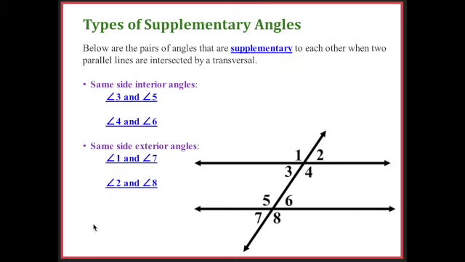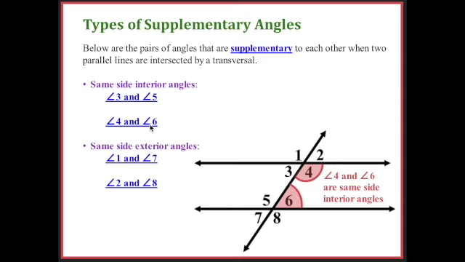The type of angles that are supplementary, the ones that add up to be 180 degrees, are consecutive interior angles. Here's an example of consecutive interior angles, 3 and 5. Another example of consecutive interior angles, 4 and 6.